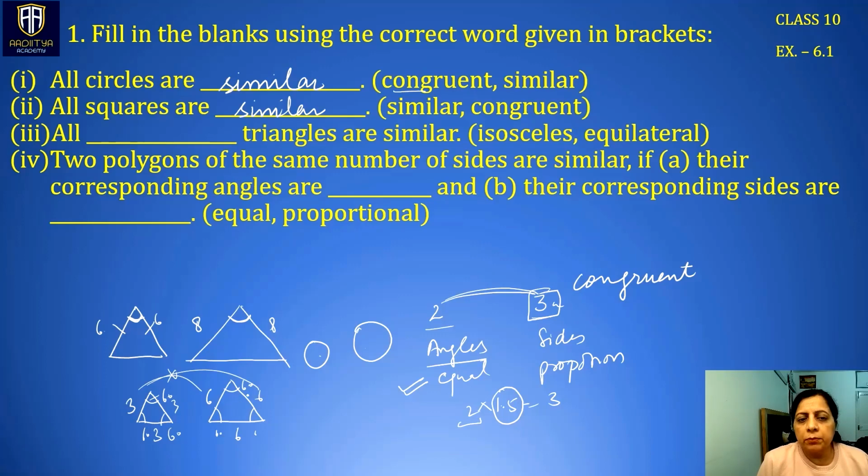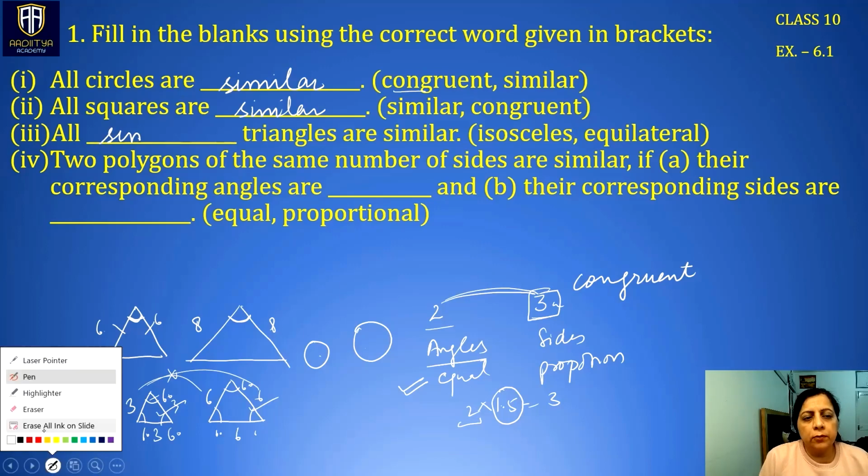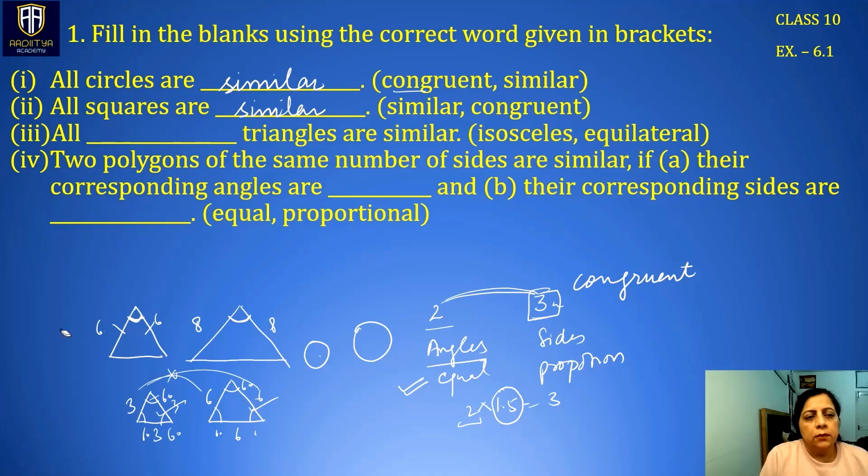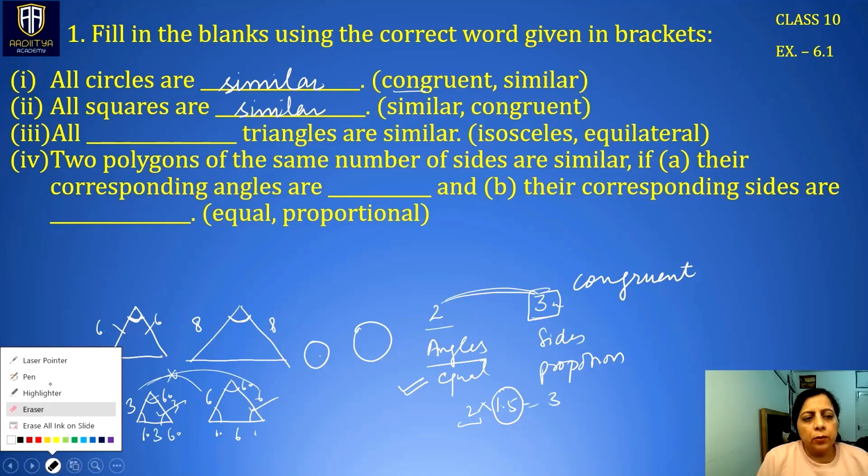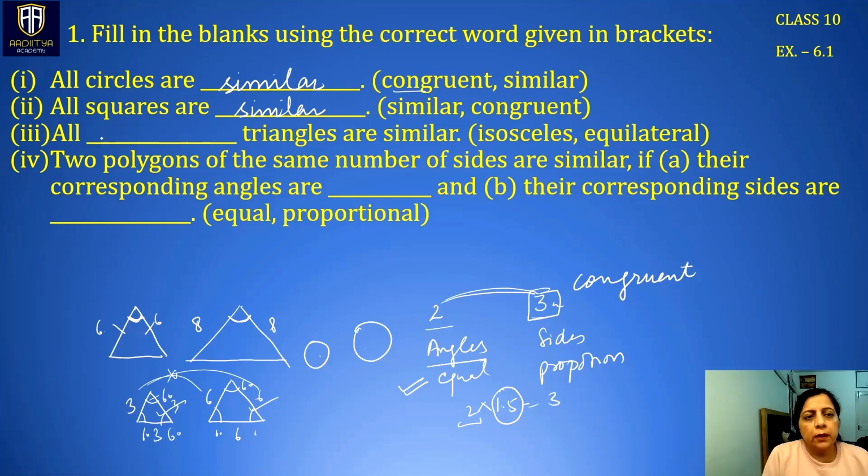Moreover, the sides will be proportional. Or since we have learned AAA similarity, we can say that these two figures are similar. So we have to write here equilateral triangle. And since we do not know about the angles of isosceles triangle, we cannot consider them to be similar or not. All equilateral triangles are similar.